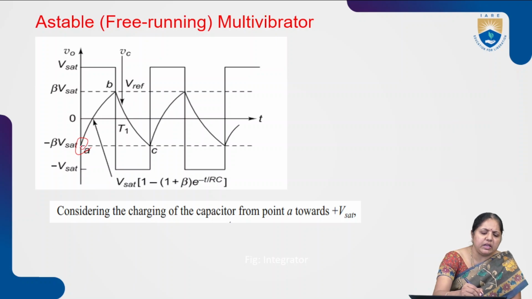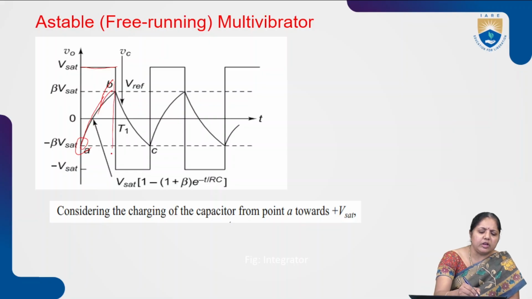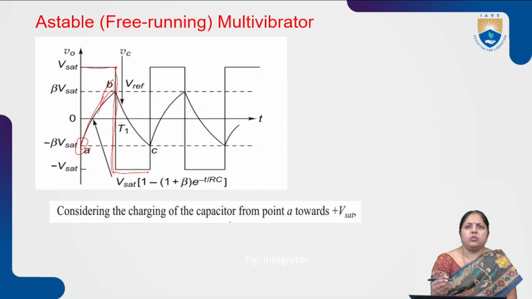Actually, when the output voltage is positive, the function of your capacitor is that it will start charging towards plus Vsat. But when it reaches plus beta Vsat, immediately the negative terminal potential becomes more than the positive potential, meaning the inverting terminal voltage becomes more than the non-inverting voltage, and at that time the output voltage waveform will move from the positive square to the negative square.